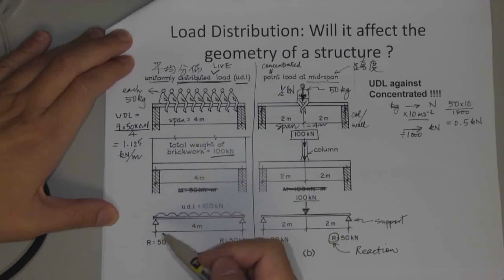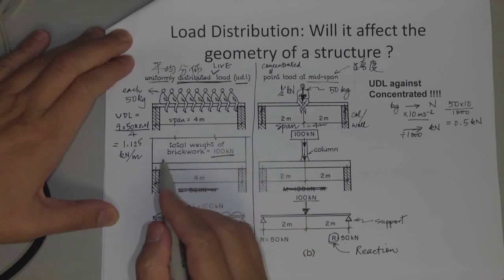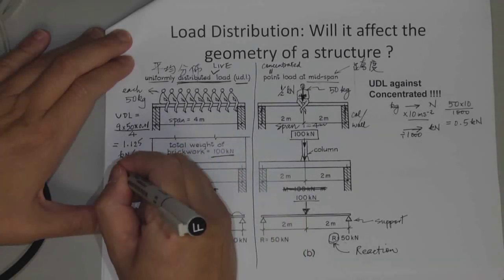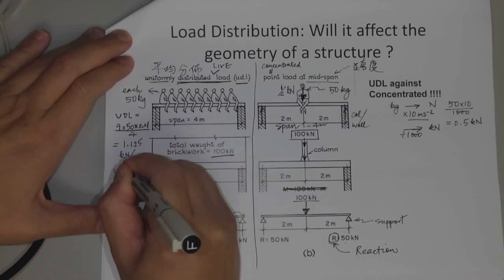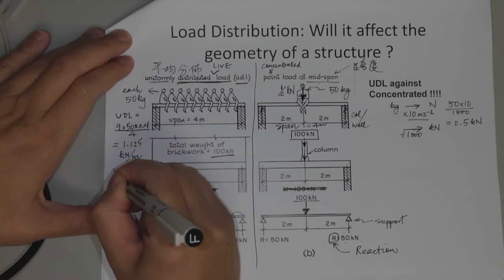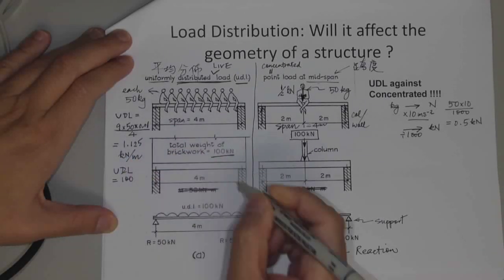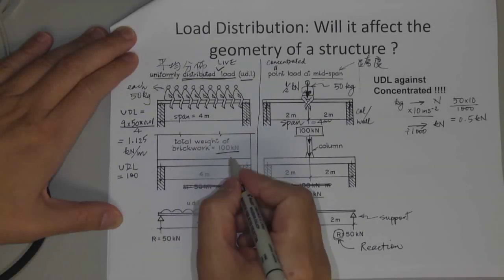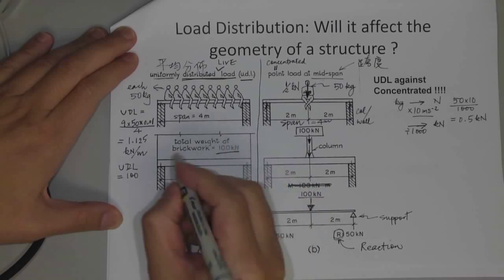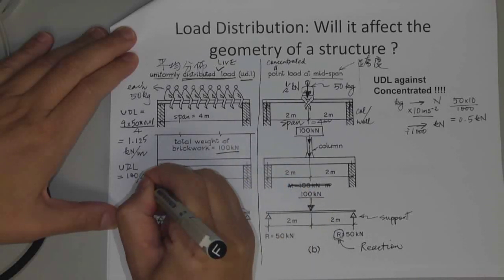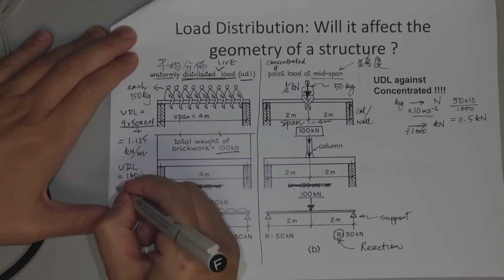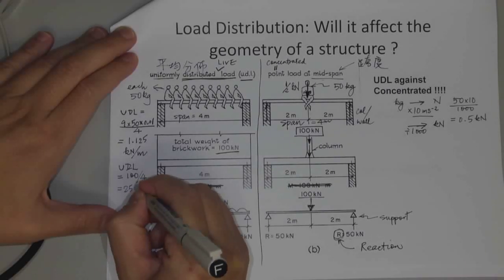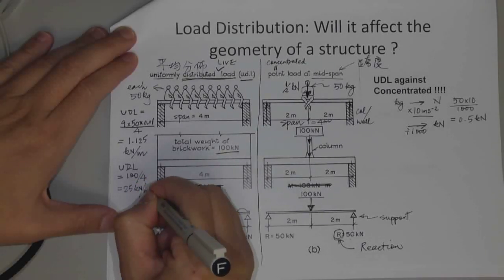So it's uniform. For this case, you can also calculate the UDL. The UDL for this case is 100 kilonewton total weight. I don't need to change the unit because it's already in kilonewton. And then I divide by 4, the span of the beam. That will give you 25 kilonewton per meter.